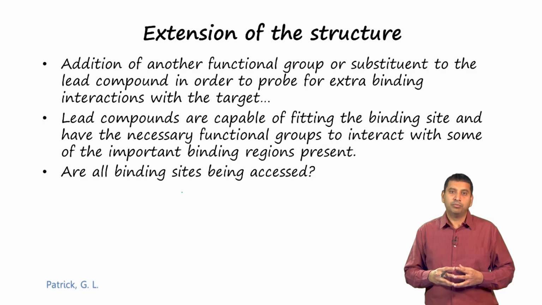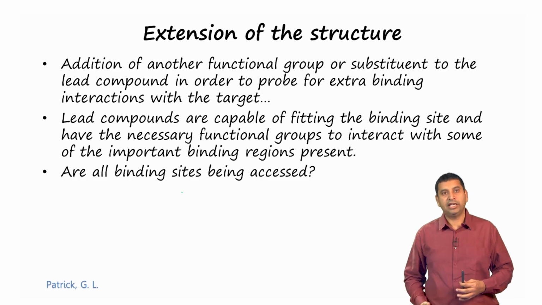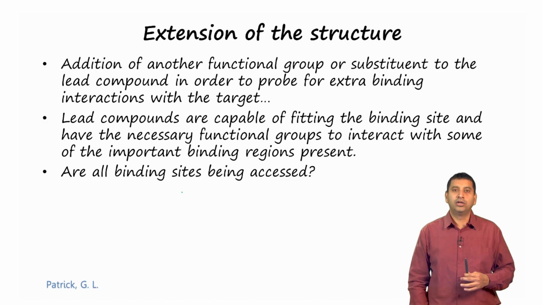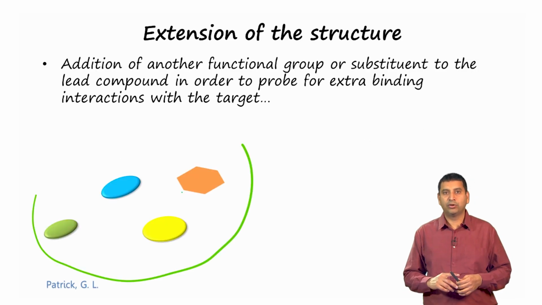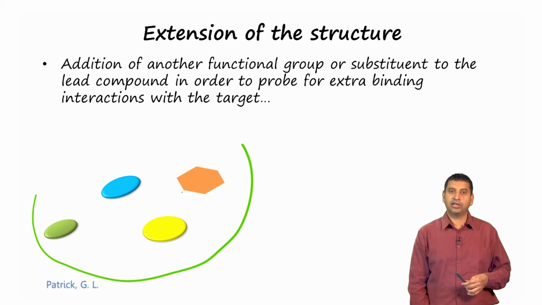Okay. So, the basic question that we ask in this extension of structure strategy is, are all the binding sites being accessed? If the answer to that is no, then we can keep adding structures to sample for or improve the binding. So, here is the pictorial representation. Let us say a receptor site has these 4 functional groups which are going to interact with your target.